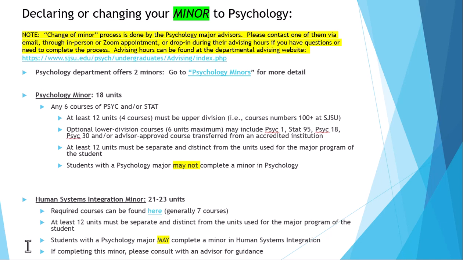But you should come and talk to one of the advisors if you're interested in it, because it's a little bit complicated in terms of how to choose courses that fulfill both your psych major requirements and the human systems integration minor requirements. So please come to one of us for guidance if you're choosing this minor and you are a psychology major. Okay, so those in general are the 2 minors that we offer in our department.